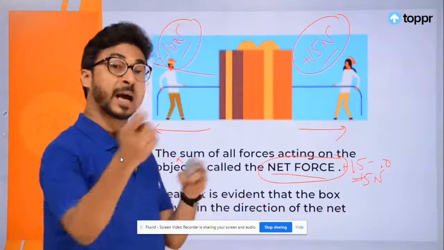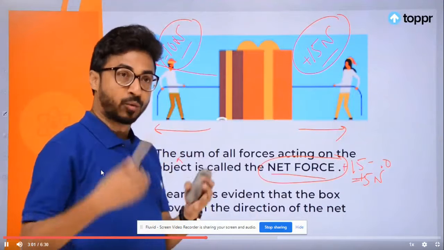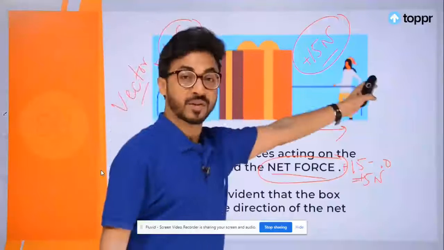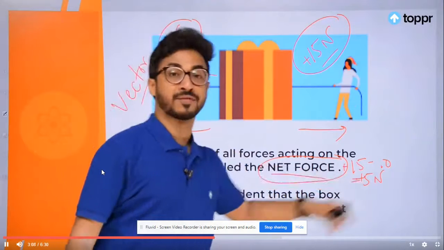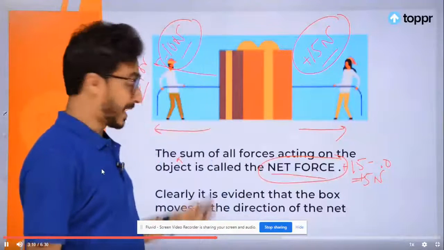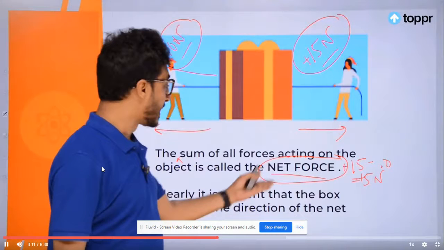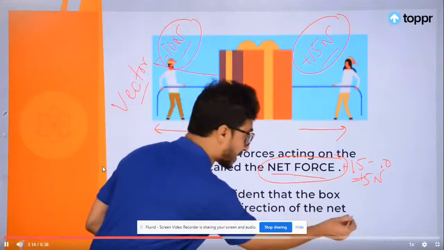That comes with what you have decided with a general observation, that this is greater force, so it will move in this direction. So the net force is plus 5 Newton. And hence it is clearly evident that the box moves in the direction of the net force.